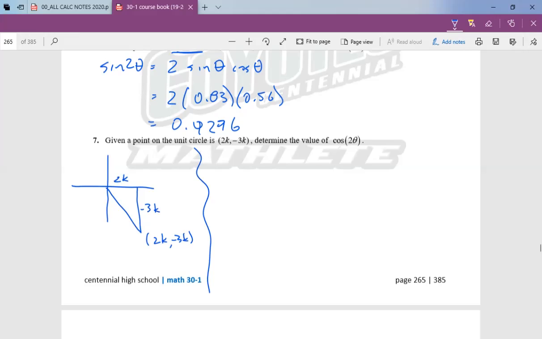By Pythagorean theorem, we can figure out what our r value is going to be. We're going to need r for cosine. And so therefore, 2k squared plus negative 3k all squared is equal to r squared. This leaves us with 4k squared plus 9k squared equal to r squared. Gives me 13k squared is equal to r squared.